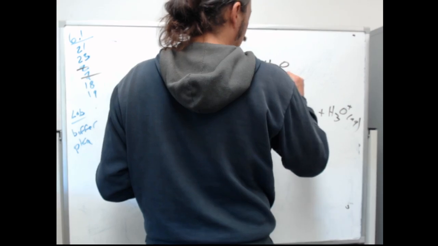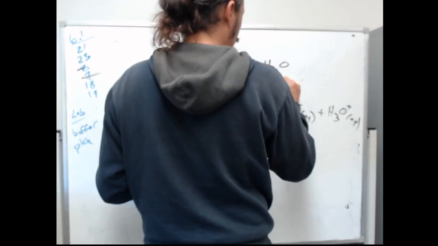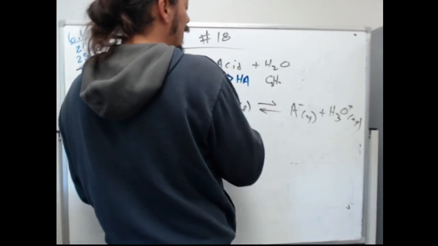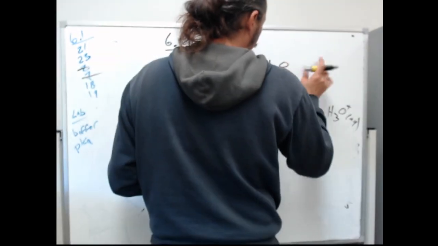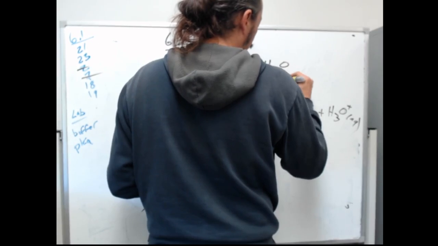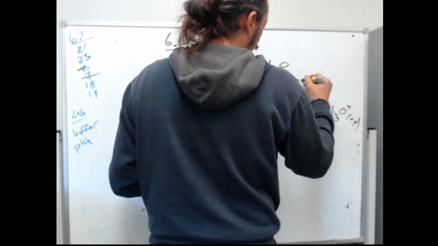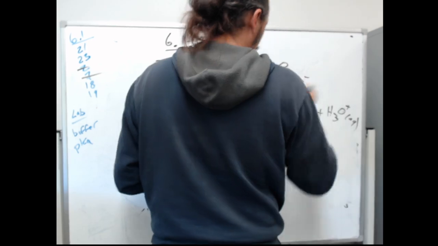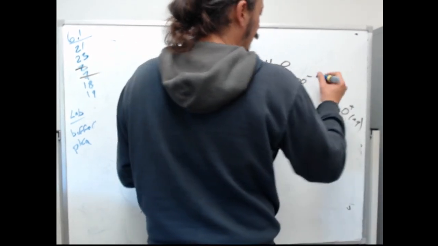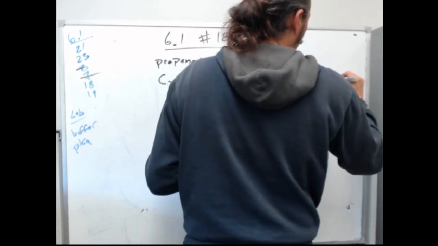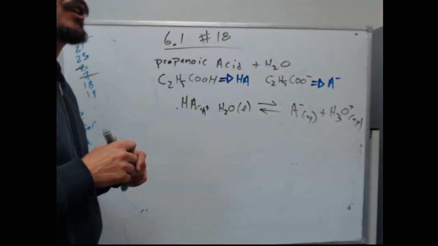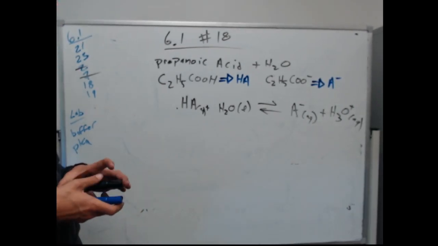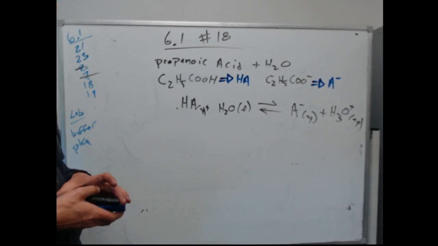It's C2H5COO minus. That's what I'm calling A minus. If we're ever going to use the HA, A minus shortcut, which I'm okay with, we should define what we are using for HA and what we are using for A minus.